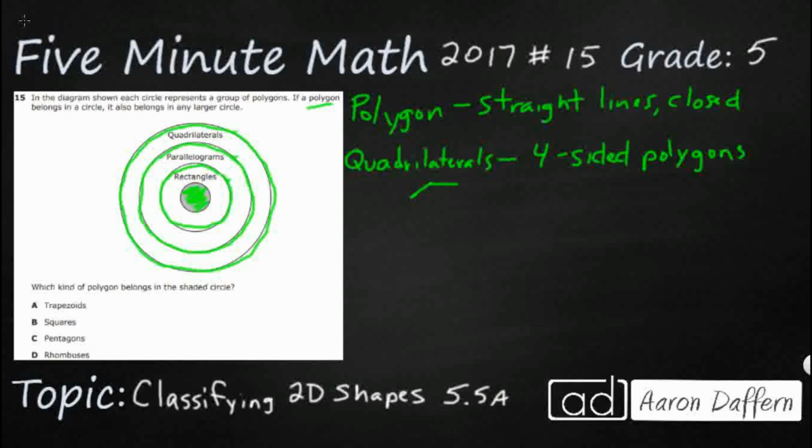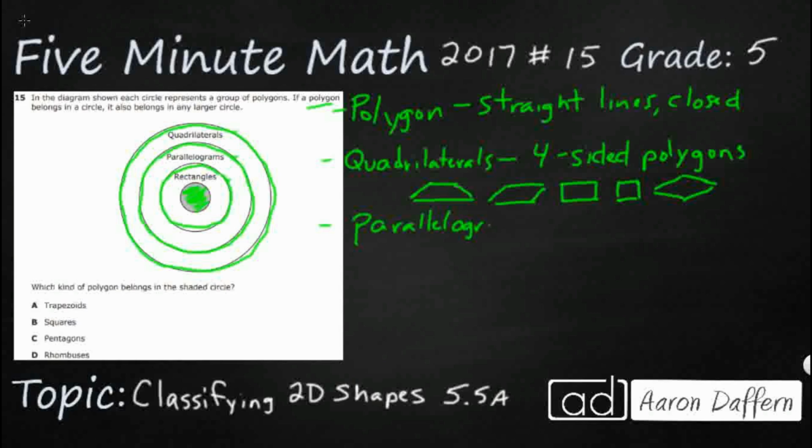We've got some trapezoids, parallelograms, rectangles, squares. We know we've got some rhombuses, so we know all kinds of four-sided shapes. There's actually quite a lot of four-sided shapes. What we're really going to do is get into our parallelograms. So we're looking for a shape that is a polygon, it's a quadrilateral, and that means it's a parallelogram.